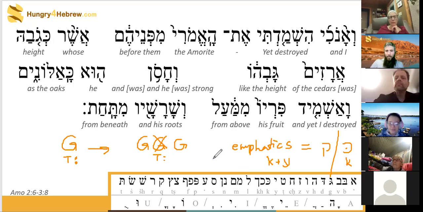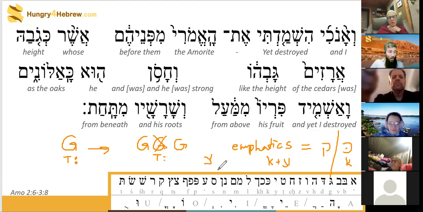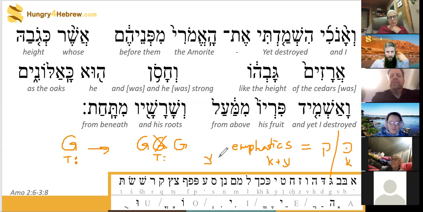Are there any other emphatics? Yes. Apparently, tzadi, or at least one of the tzadis, was an emphatic. Which one? Fair question. It actually could be up to three of them. It could be tho, vo, and bo. Okay, let me explain that. Tzadi is one glyph, one letter, but it originally represented three different sounds.